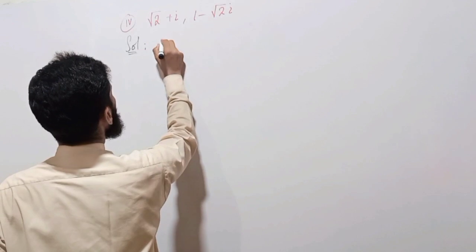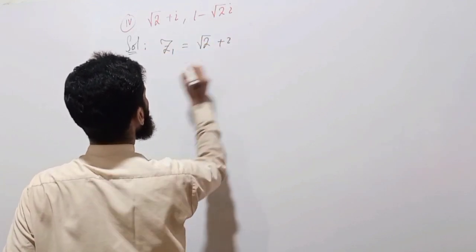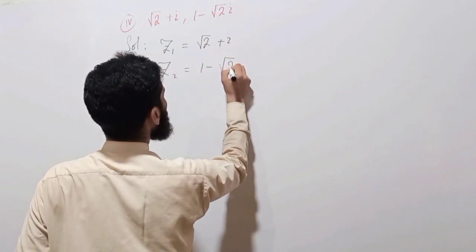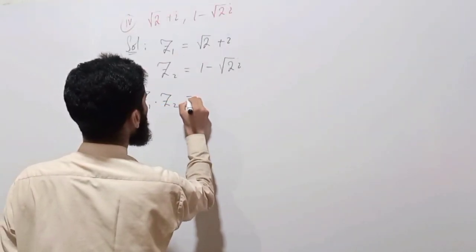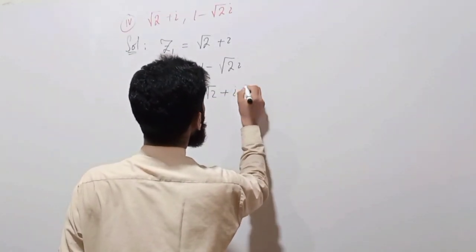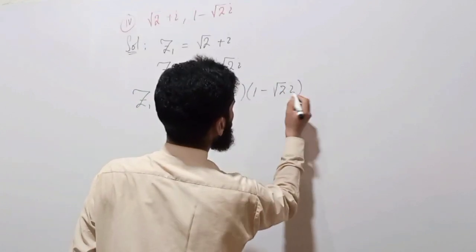Z1 is equal to root 2 plus iota and Z2 is equal to 1 minus root 2 iota. The multiplication Z1 multiply Z2 is root 2 plus iota multiply 1 minus root 2 iota.